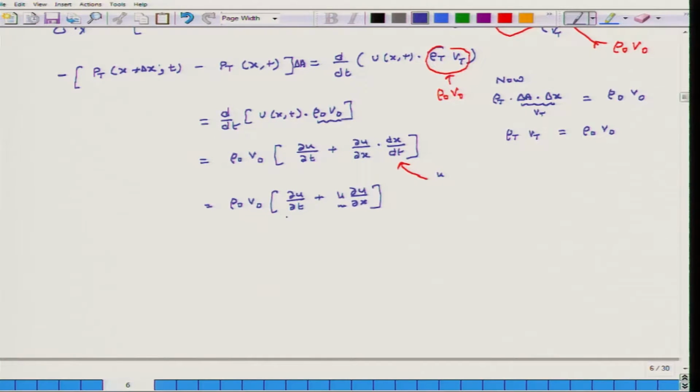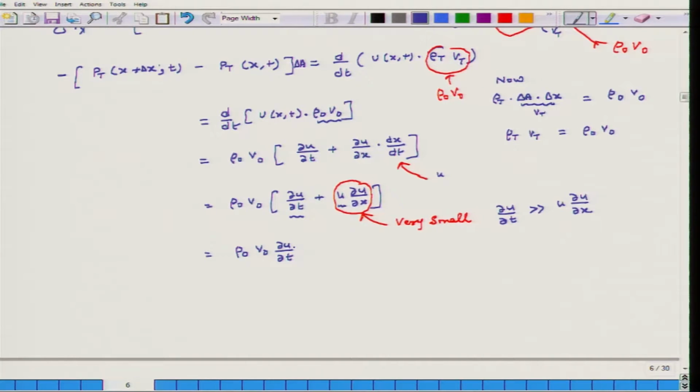Compared to del u over del t, this entity is going to be very small. Mathematically, I can express it as partial of u with respect to t is fairly large compared to u times del u over del x. So, in that case I can drop this term and this becomes rho naught v naught del u over del t.